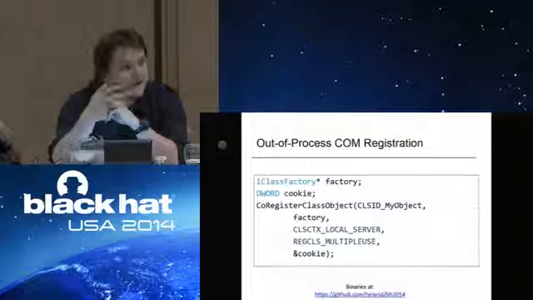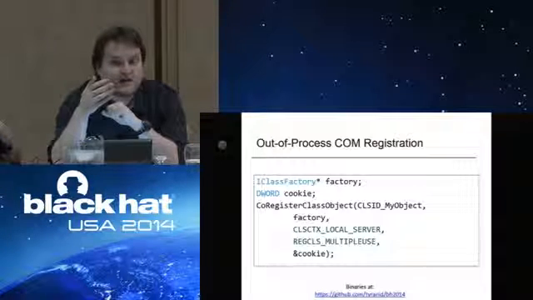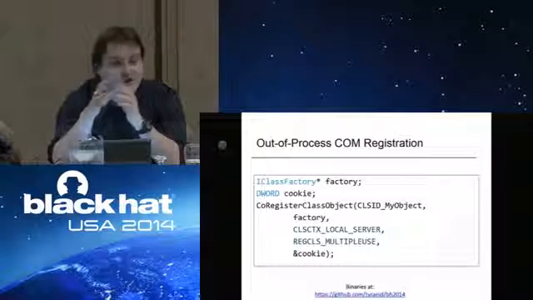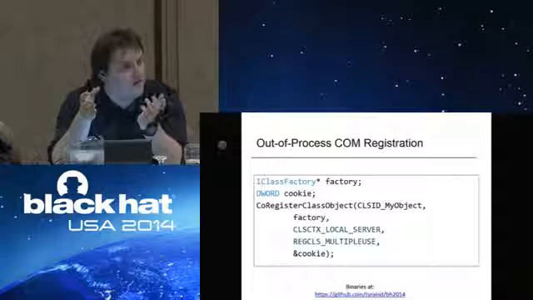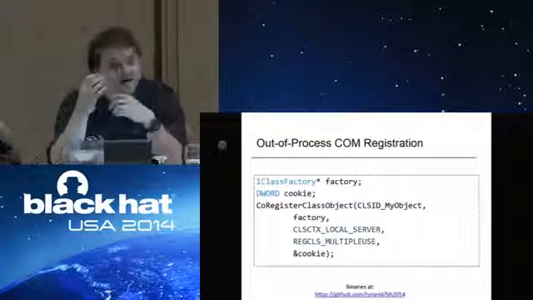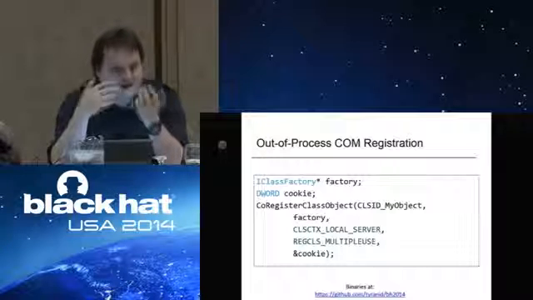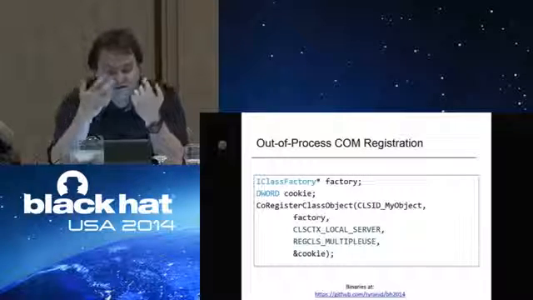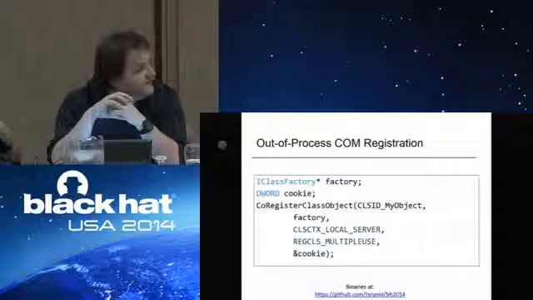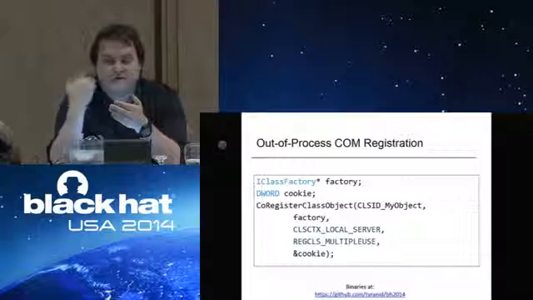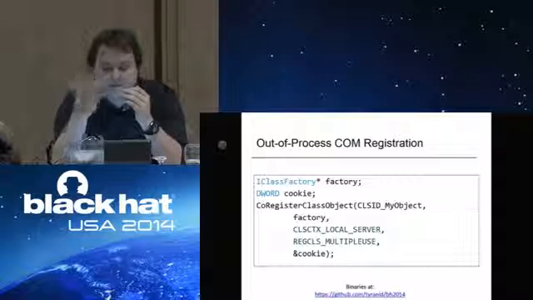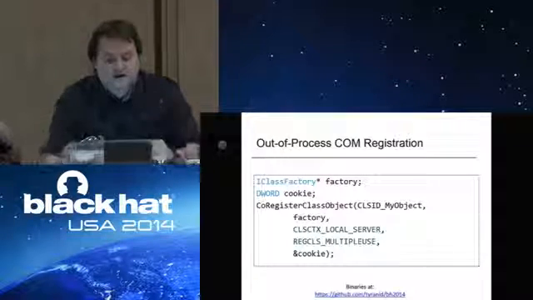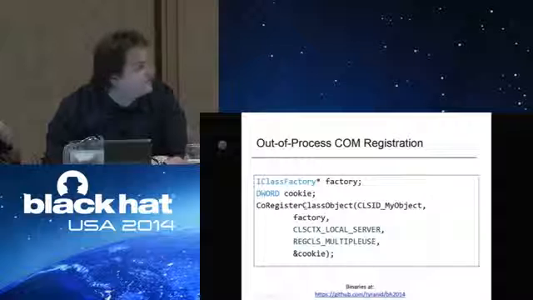You've got to track down in the reverse engineering where that function is. This is particularly important if you have no symbols. Adobe obviously don't provide symbols for the IE Flash broker, so you've got to use IDA to track this down. The best way to do this is that there is a specific calling convention used in registration of out-of-process COM, and it's using this CoRegisterClassObject function.